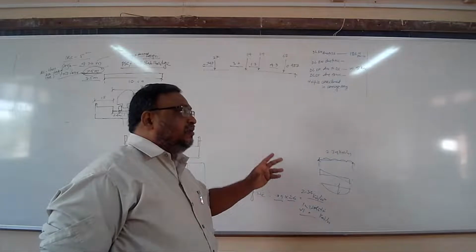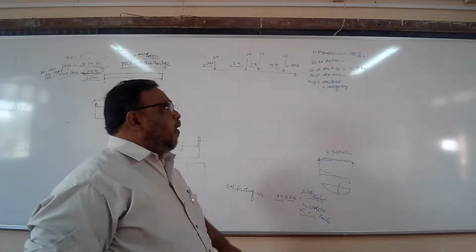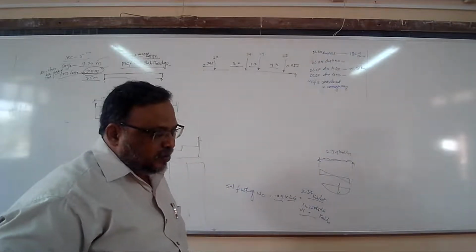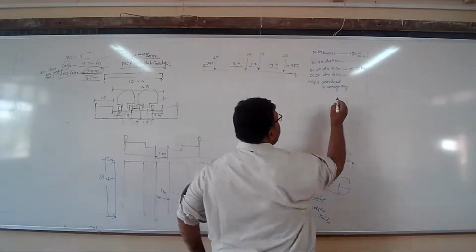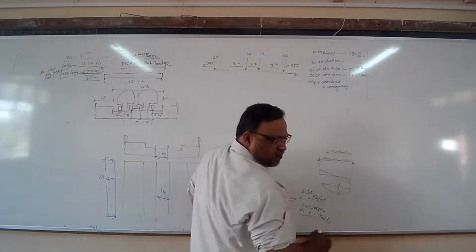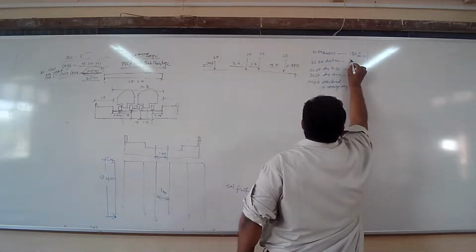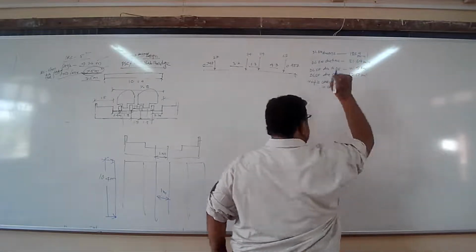Partial safety factor for load is different for different types of loads. That's why I am calculating all these loads separately. 12.17 kilonewton, and bending moment I will write as 31.64 kilonewton meter. Okay, fine.